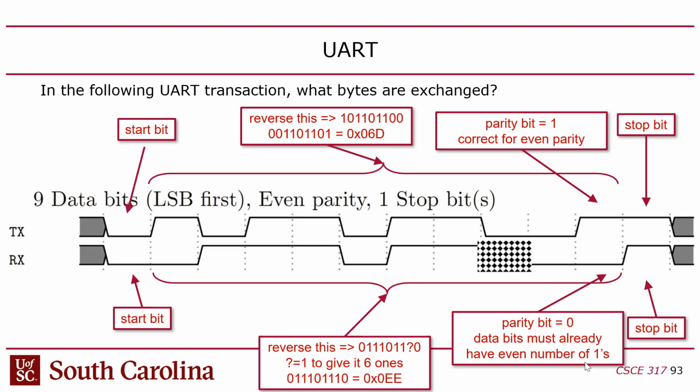Okay, so the most confusing part, in my opinion, with UART is this parity bit. You can have either even or odd parity, but the parity bit is not set to 1 just because, for example with odd parity, you have an odd number of 1 bits in the data. It's actually set to 1 if there's an even number of 1 bits in the data, because the objective with the parity bit is to have the number of 1 bits inside of the data and the parity together be even or odd.